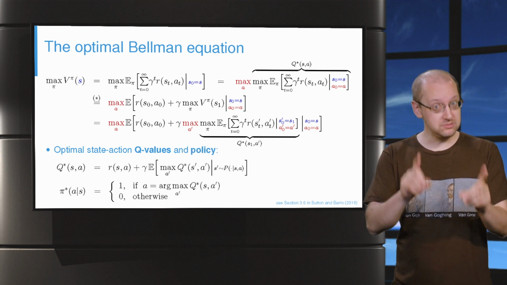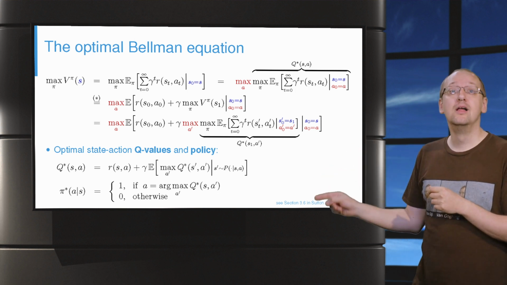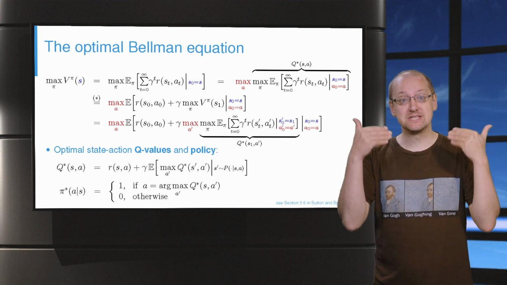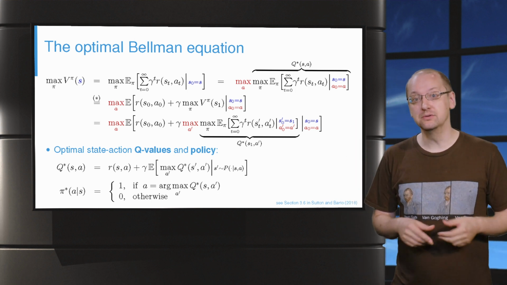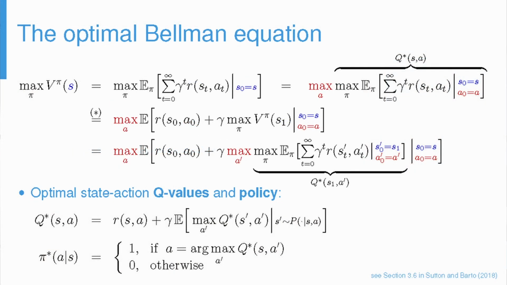However, if we know Q star, we get the optimal policy pi star for free. We simply always choose the action that has the largest optimal Q value with a probability of 1. If you didn't get it the first time, pause the video here and think a bit about it.